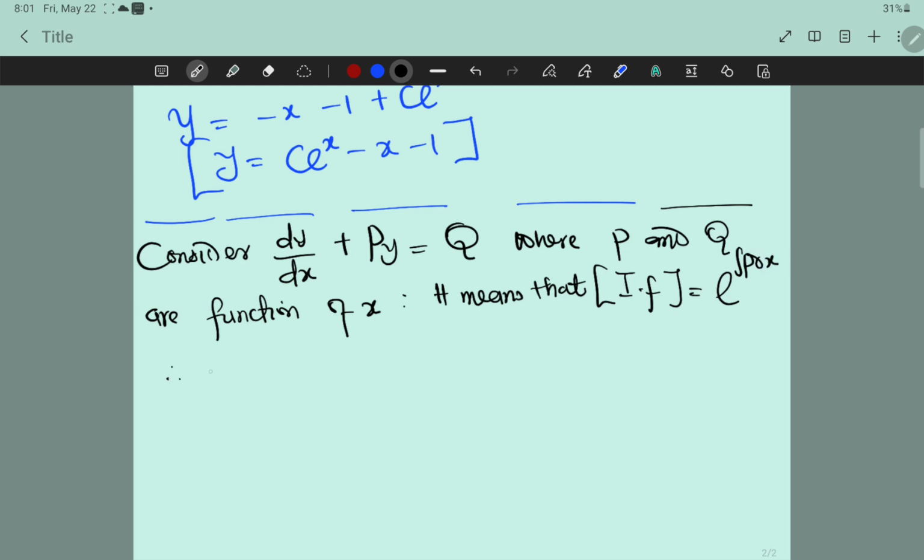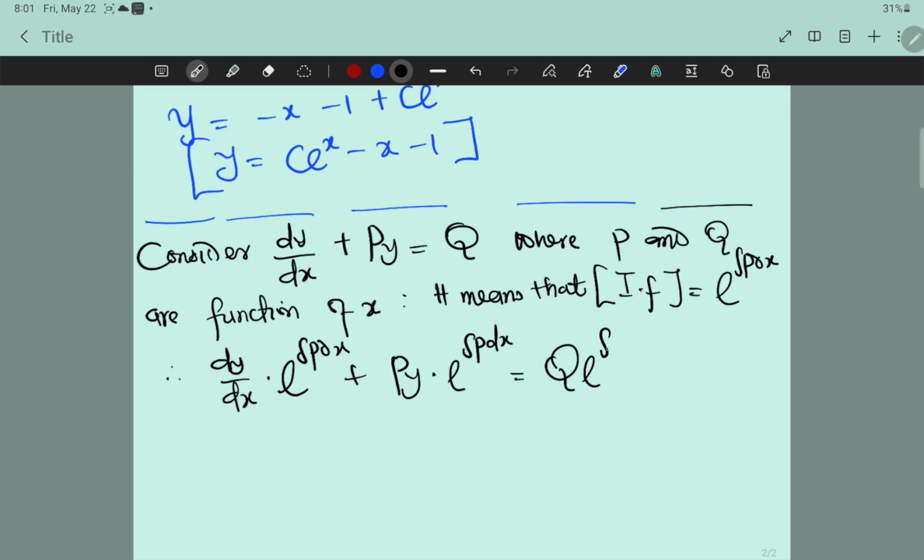So multiplying dy/dx by e to the power of the integral of p dx, plus p y multiplied by e to the power of the integral of p dx, is equal to q e to the power of the integral of p dx.